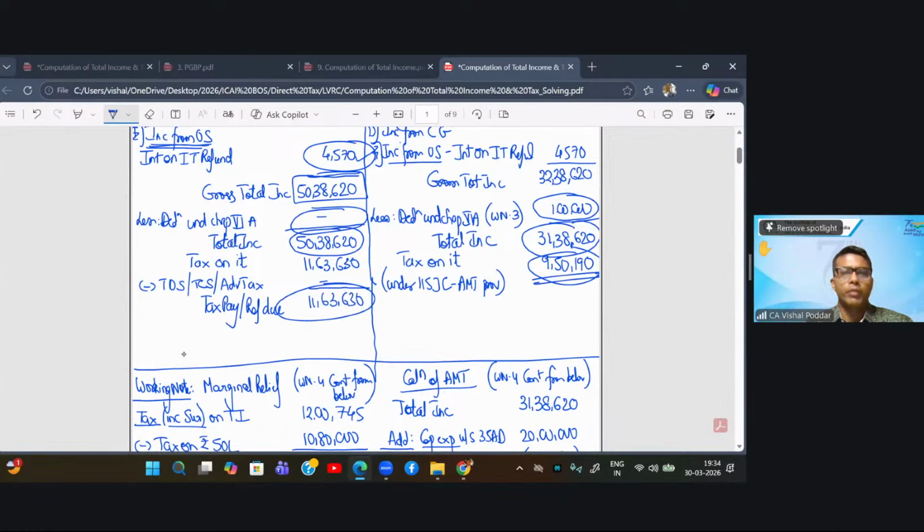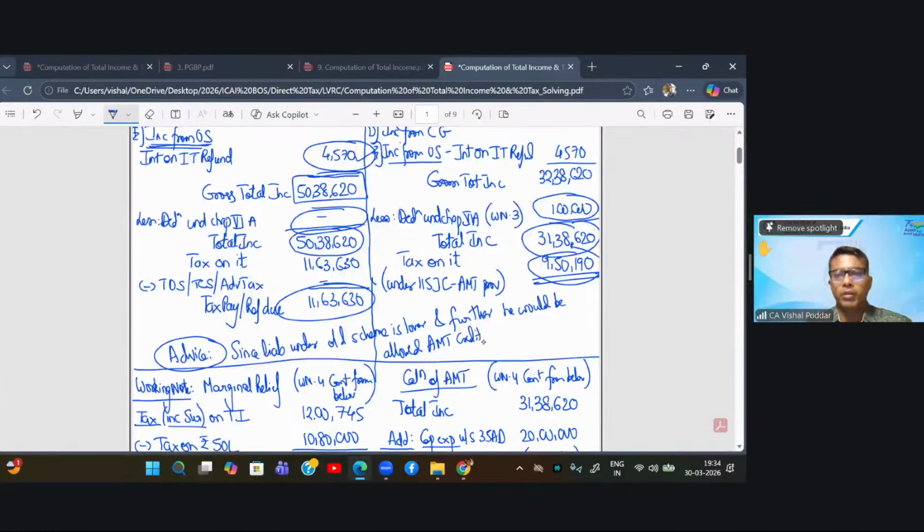So what will be my advice? Since liability under the old scheme is lower and further he would be allowed AMT credit, because you have taken AMT, whichever is higher, so you also get AMT credit.